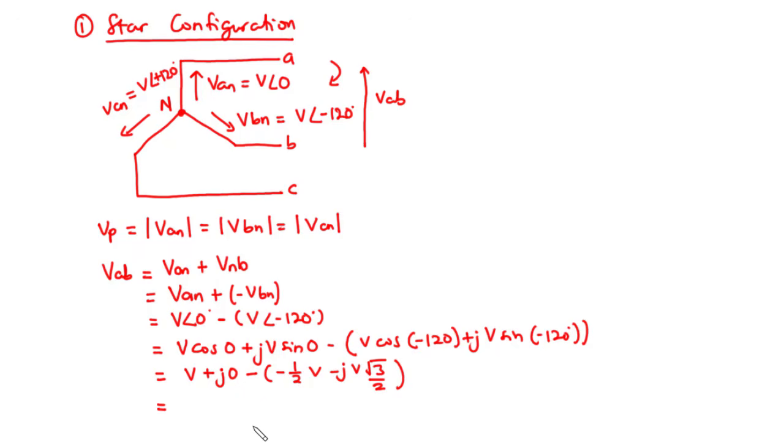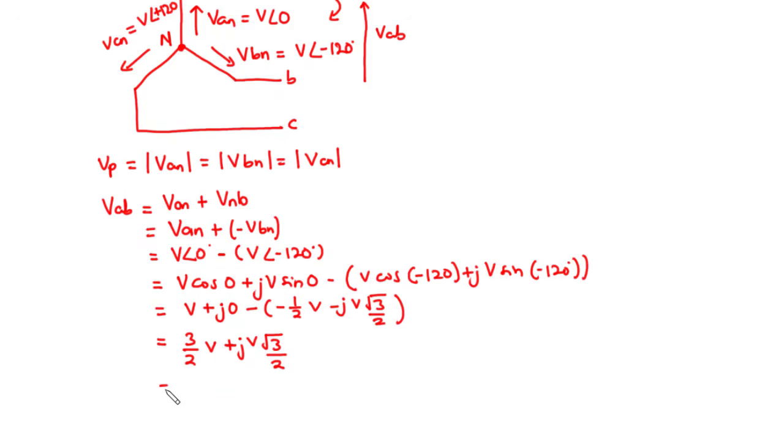Now let's simplify like terms. So we have V minus negative 1 over 2 V, that becomes 3 over 2 V, and then 0 minus negative V root 3 over 2 becomes positive V root 3 over 2.